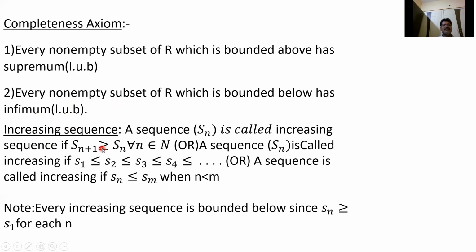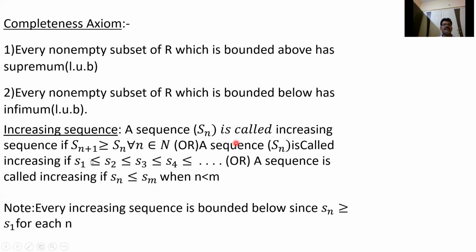And we see next when a sequence is called an increasing sequence, and then we go for a decreasing sequence, and we go for a monotone sequence. First, we define when a sequence Sn is called increasing.